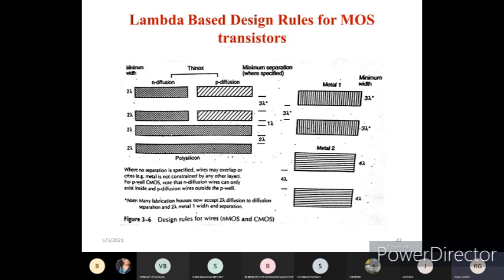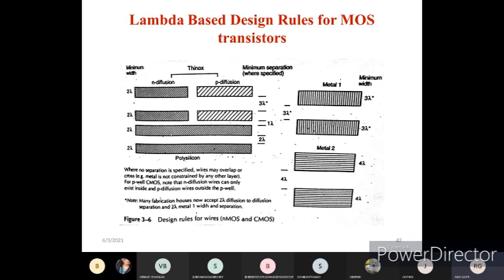We have used two types of metal, metal 1 and metal 2, and they have been differentiated. You can see for metal 1 we have drawn vertical lines, whereas for metal 2 we have drawn horizontal lines. Metal 1 has a minimum width of 3 lambda and a maximum width of 4 lambda.